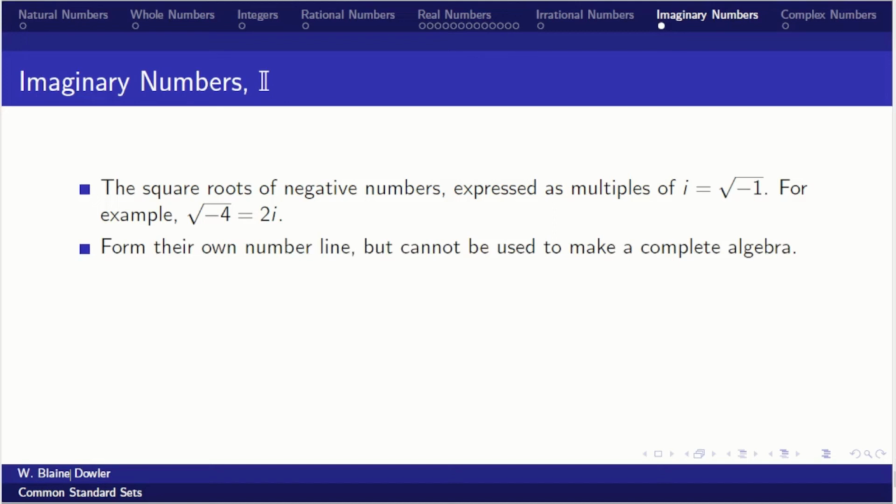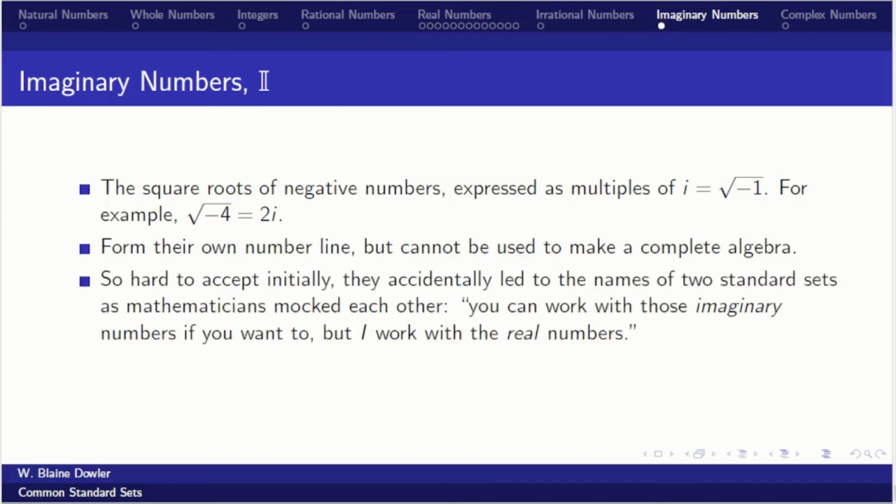They form their own number line, but you can't make a complete algebra out of them because 0 and 1 are not imaginary numbers. You can use them in algebra, but they have to be part of a larger set of numbers. The idea that you can have the square roots of negatives was so hard to accept initially that they decided to name them almost by accident.